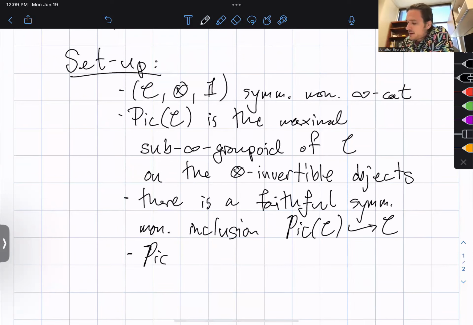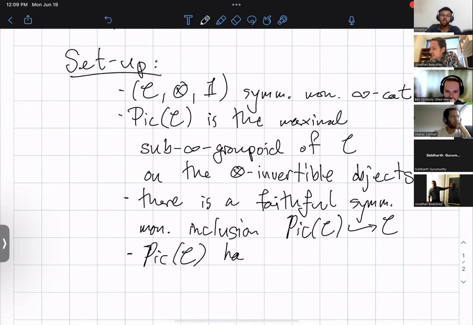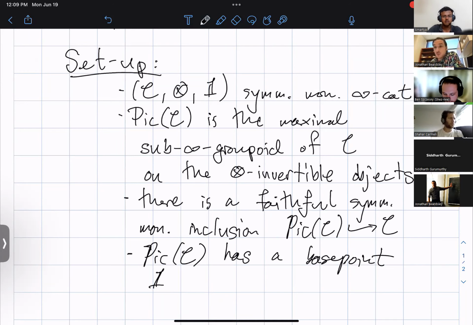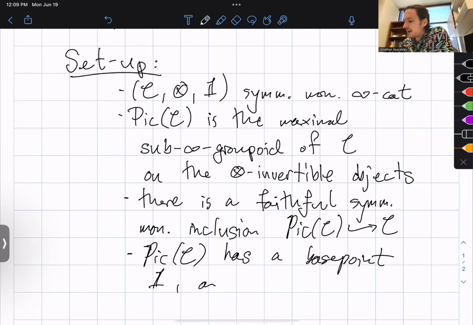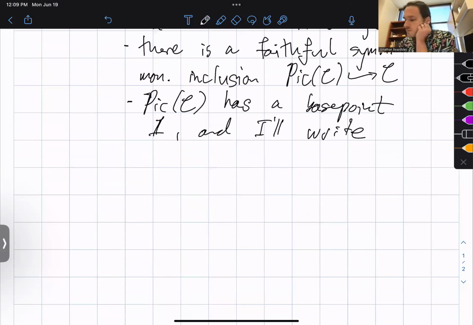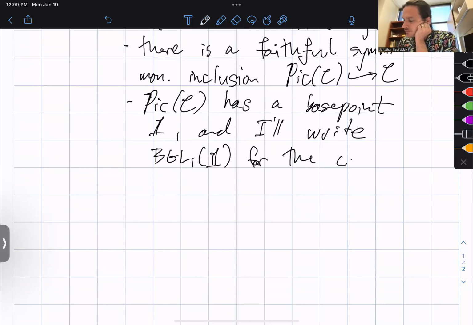And then just some notation. Pic C has a base point, which is this object 1 itself. And I'll write BGL1 of 1 for the connected component of that base point.